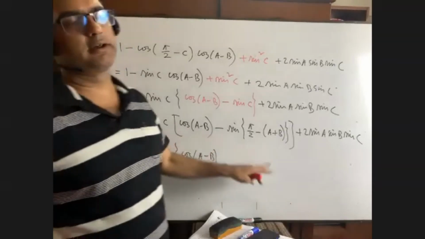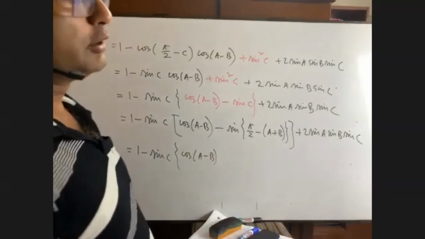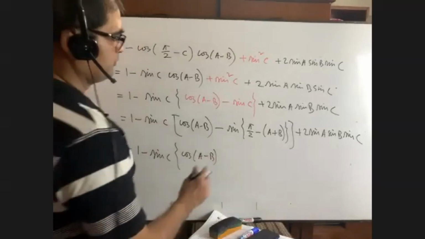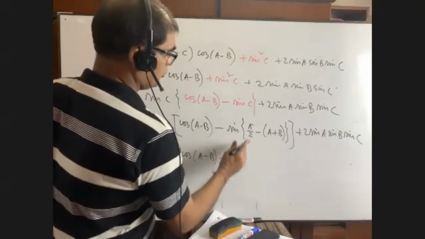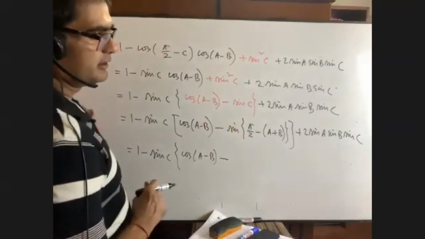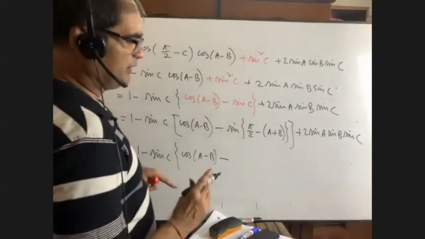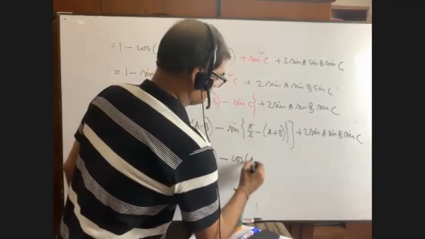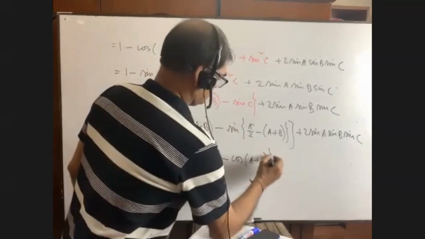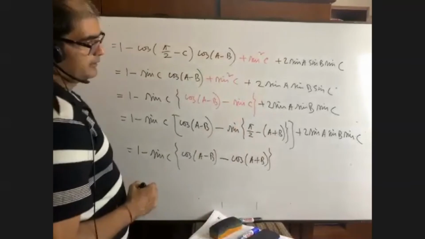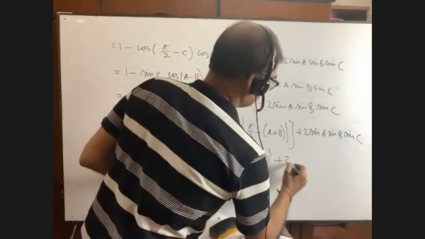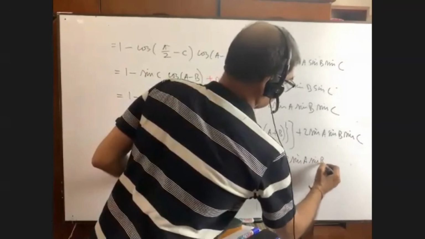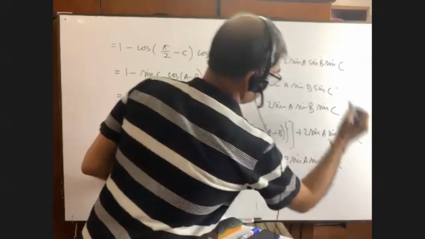In the first quadrant, so there will be no plus or minus, as all are positive. Minus 1 pi by 2 is an odd multiple, so sine will become cosine. So it is cosine of A plus B, then plus 2 sin A sin B sin C.